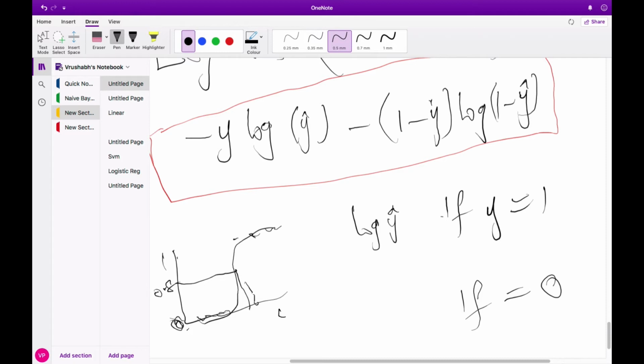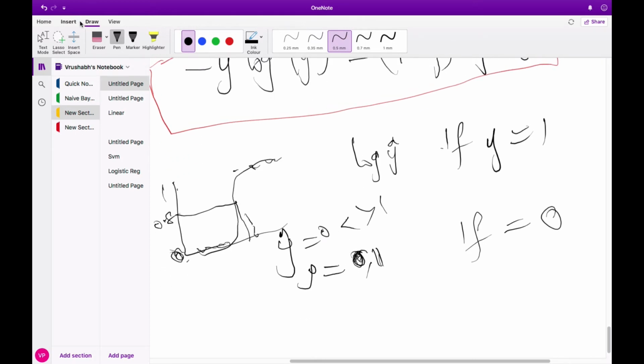So our y hat could be a probability between 0 and 1, but the original y is either 0 or 1.